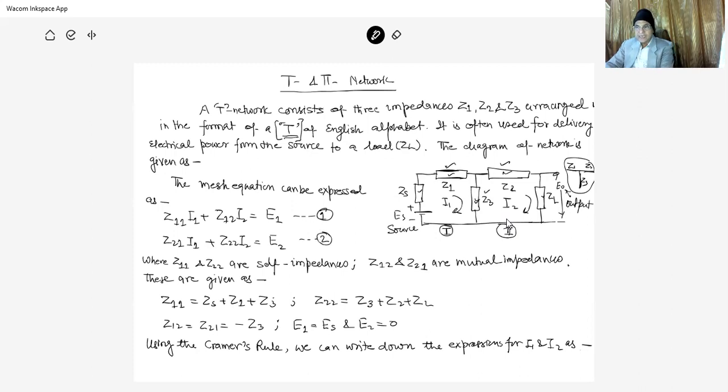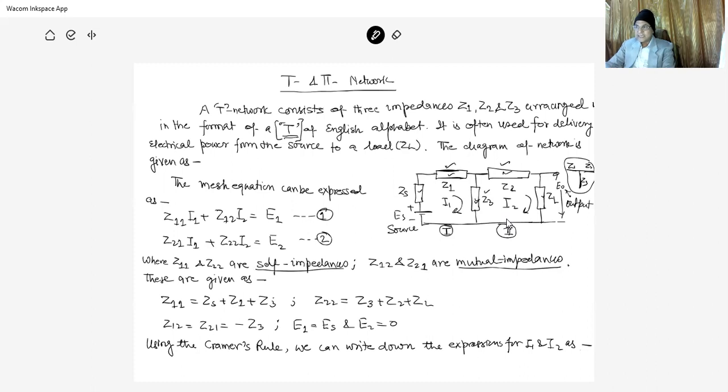Where Z11 and Z22 are self impedances, and Z12, Z21 are known as mutual impedances. Mutual impedance means the impedance which is common to the two meshes, mesh 1 and mesh 2. And self impedance means the complete impedance value, whether numerical or symbolic.